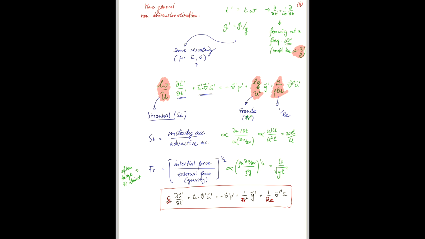And people use that all the time. If you want to model some large-scale ocean flow, if you have the right dynamic similarity, as long as you keep the Reynolds number the same, you can have the same flow in a small lab tank as in the ocean, and it will have the same dynamic behavior.